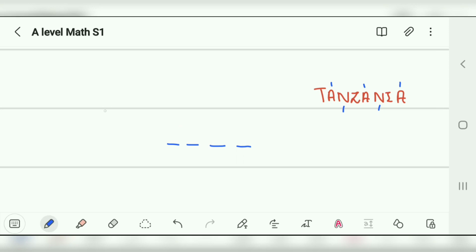So exactly 1 N, which means N is already taken and some of them are out. Now let's suppose there is no A and the rest are T, Z, I. So that's the first. That's going to be 3C3.